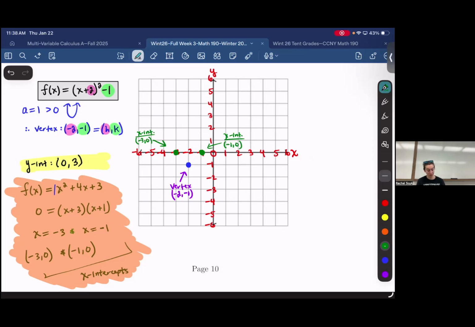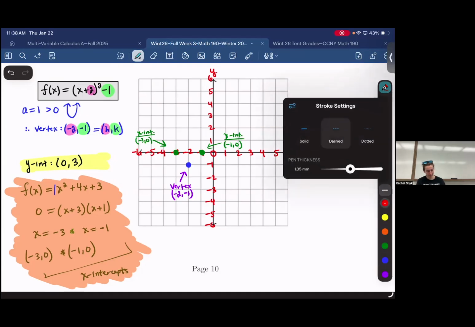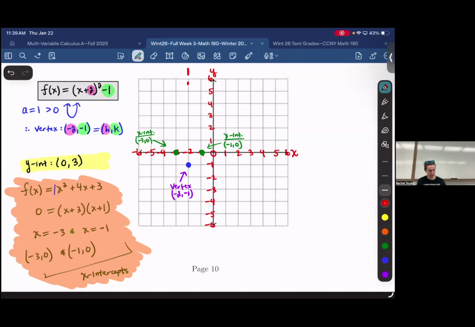Our axis of symmetry comes down, cuts through that vertex point. So it's this vertical line at x is equal to -2. So x equals -2, which is our A.O.S.